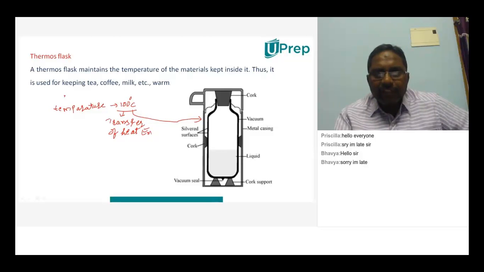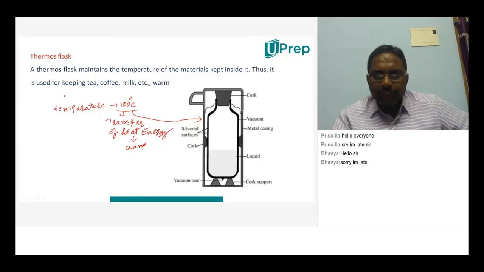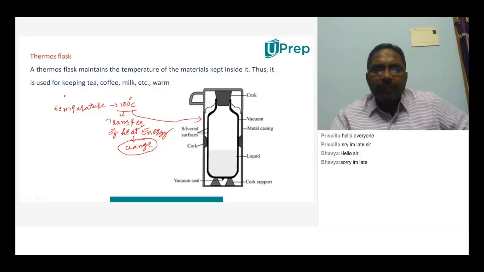Because if there is transfer of heat energy, the heat of the tea reduces, but the heat of the surroundings increases. If transfer of heat energy is there, definitely what happens? The temperature will change. But to keep the temperature from changing, there must not be any transfer of heat energy.